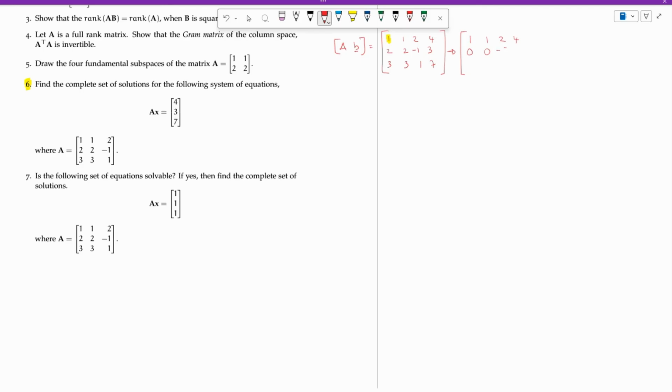Okay. 5 or minus 5? Yeah. Okay. We can do this elimination in the bottom also, right? So what should we do to the third row now?